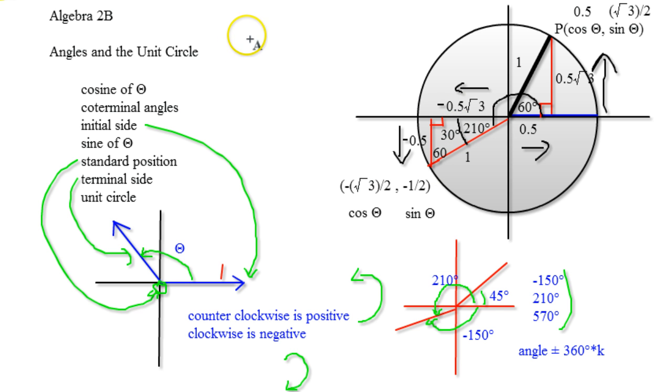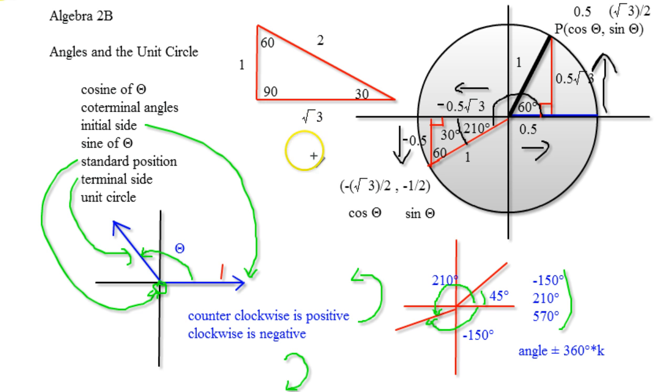So just remember that inside of a special right triangle, if this is 30 and this is 60 and this is 90, it's a 1 to root 3 to 2 ratio, and you're also going to be using coterminal angles.